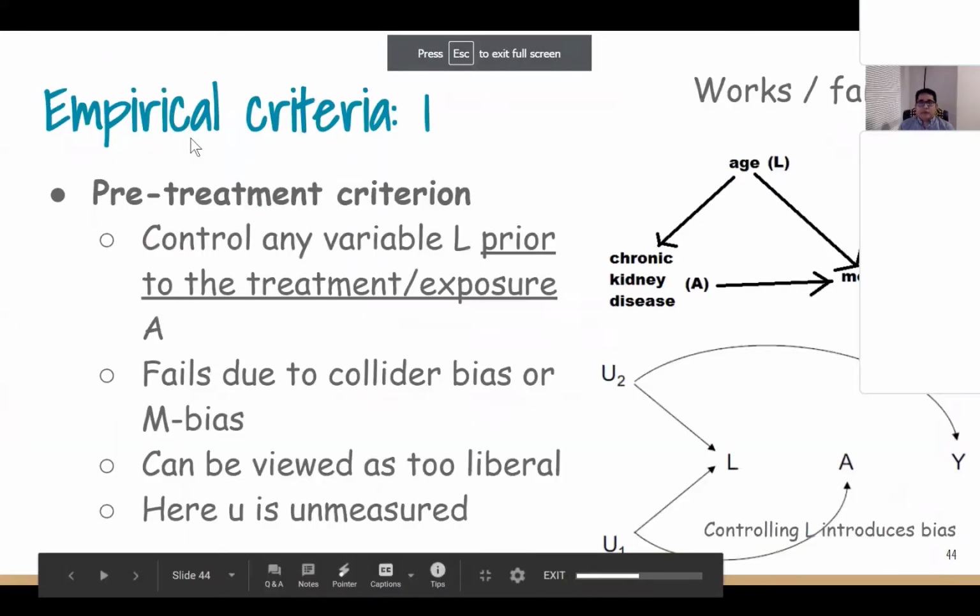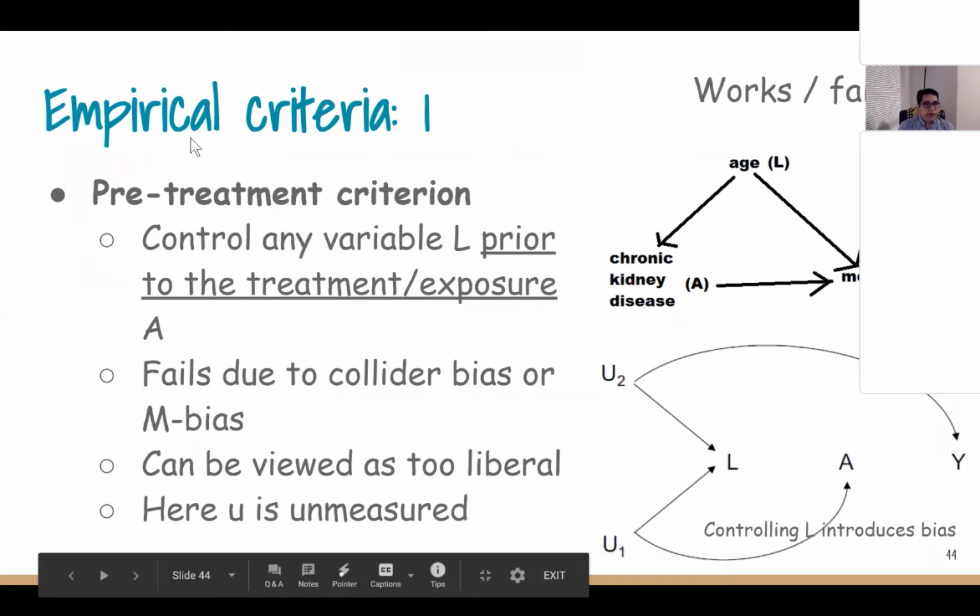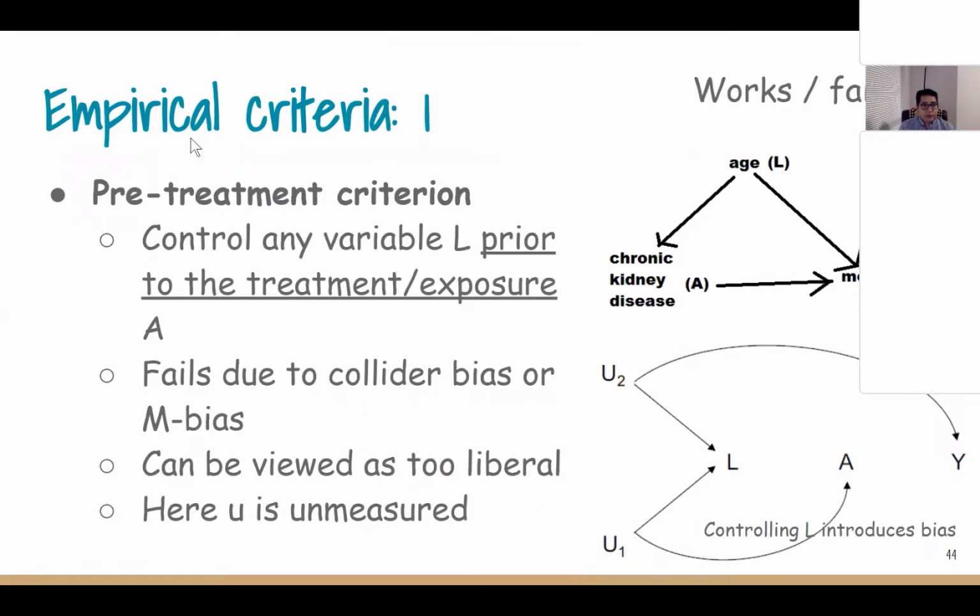So this is more about identifying which variable is a confounder and which variable is not a confounder and things like that. The first criterion is that the variable needs to be pre-treatment or pre-exposure. So if you are thinking of controlling for a variable L, that needs to be measured before the exposure.